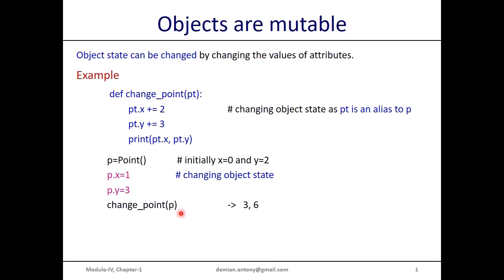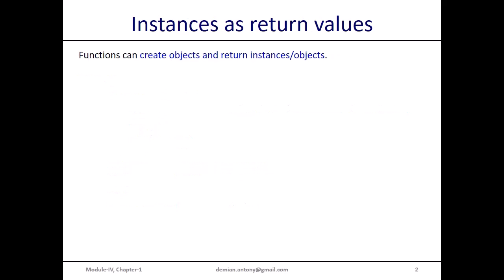The change point p, where p is passed to a function, and here the values x and y, that is the state of the object p, are being changed through the pt. pt is the alias to p, and we are changing the values of x and y through pt, which affects p also. And ultimately, x is incremented by 2, that is 3, and y gets the new value.